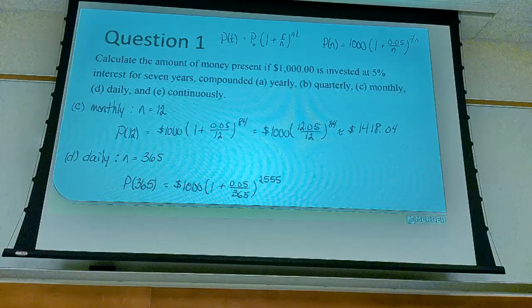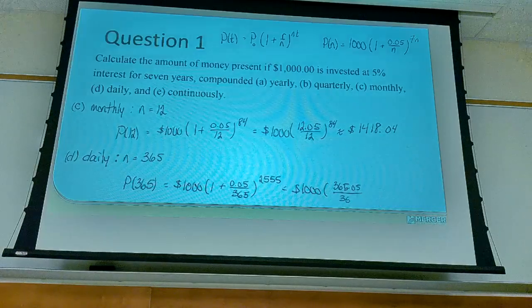Took you too long. It's clearly 2,555. Well, you don't know your times tables up to 365? What do they teach in school nowadays? So this would be 1,000, 365.05 divided by 365, so 2555.